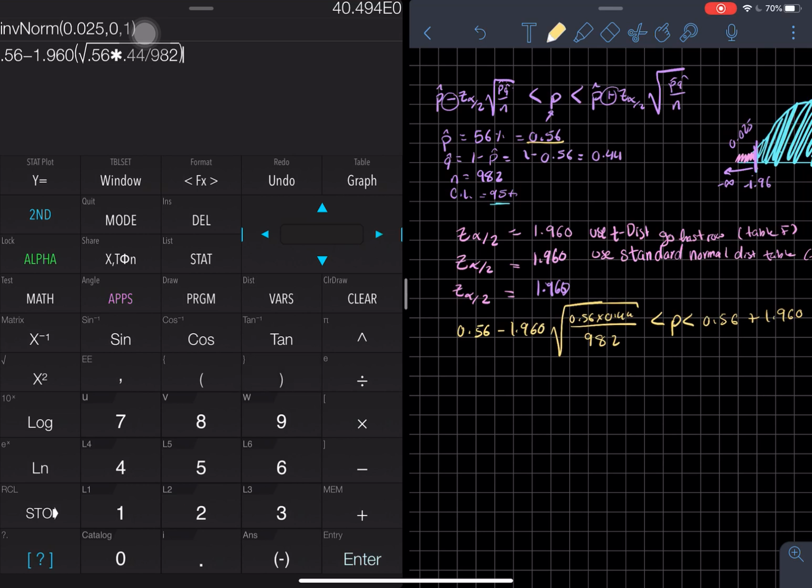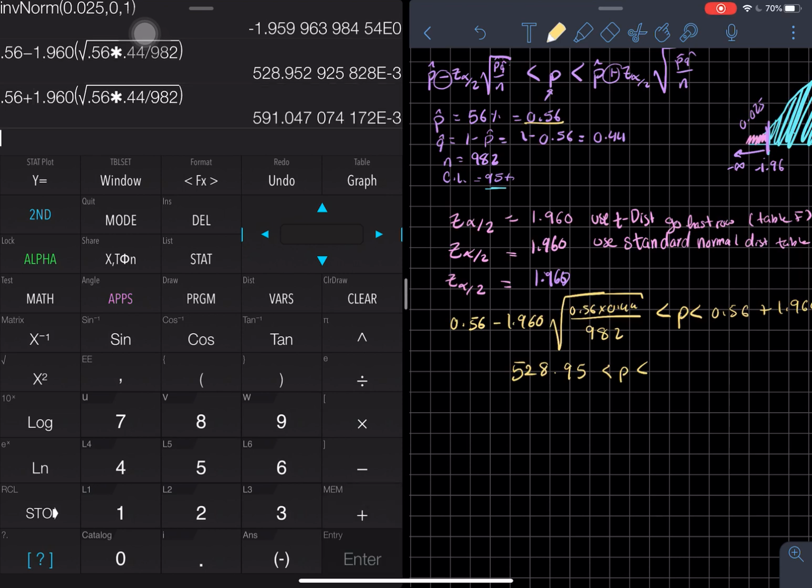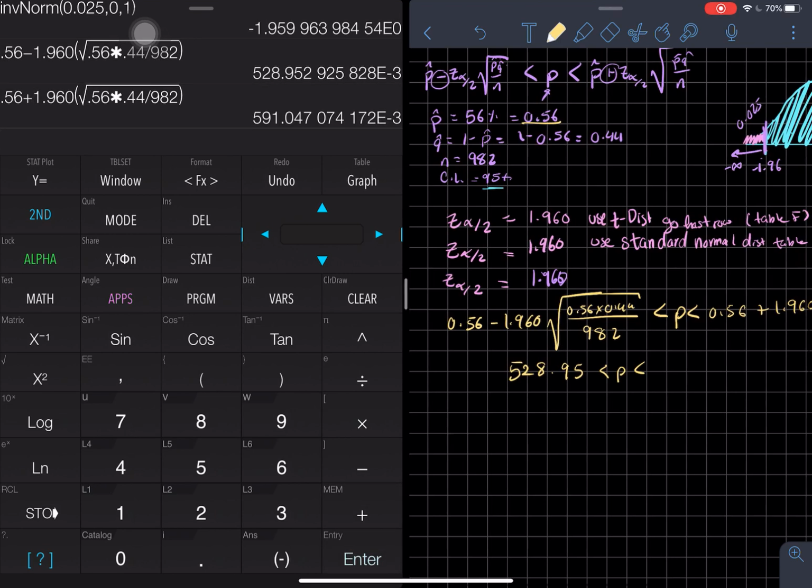Okay, there we go. So let's enter this. And so this is going to be 528.95. And then it's going to be the same, but now plus for the other side.